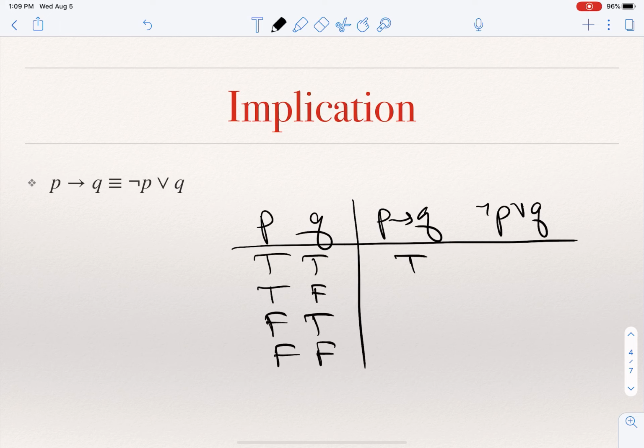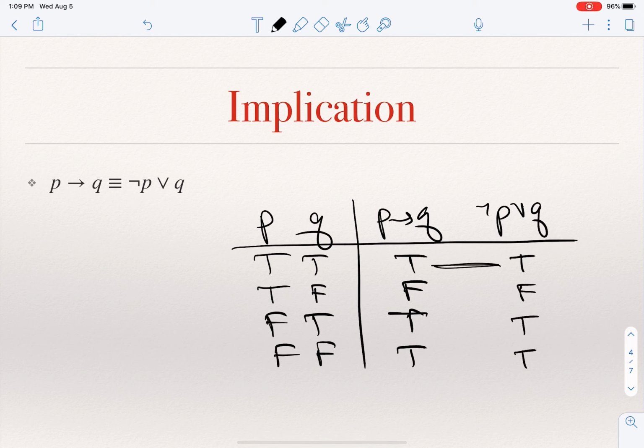So we said this is true, this is false, this is true, and this is true. The same thing on the right-hand side: this is going to be true because Q is true. This is false now, the second one, because Q is false and the negation of P is false. So false or false is false, and this is true, and this is true.